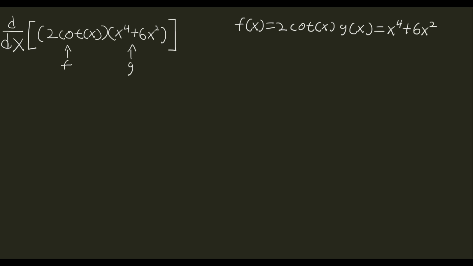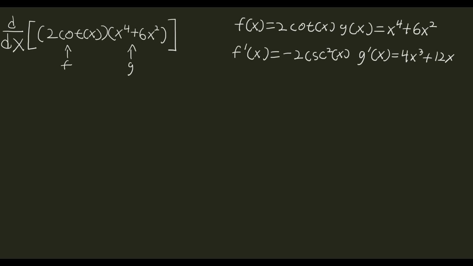And we could take the derivative of these, starting with f of x, f prime of x equals negative 2 cosecant squared x. And g prime of x would equal 4x cubed plus 12x. Let's plug these into our product rule formula.